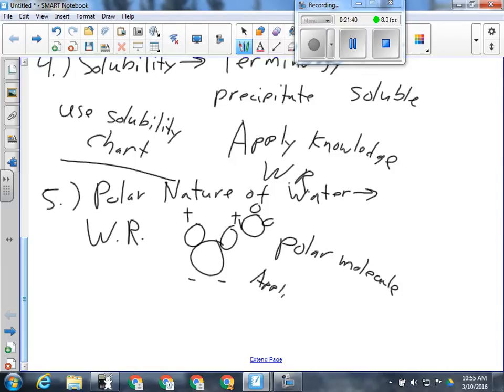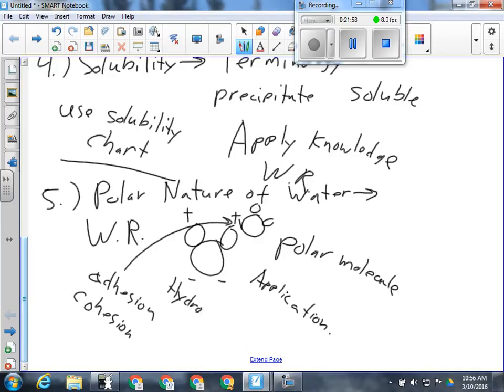We talked about how it's useful for plants to transport water to the top of a tree. We talked about these two terms, adhesion and cohesion. They have to do with these hydrogen bonds. So I would certainly make sure that you cover that kind of stuff.